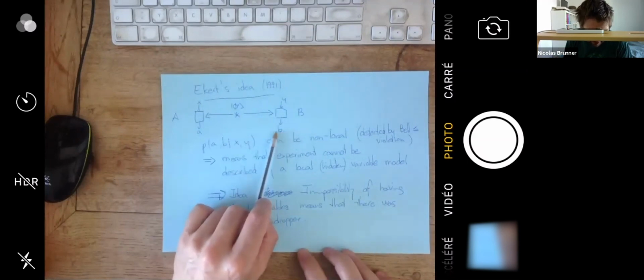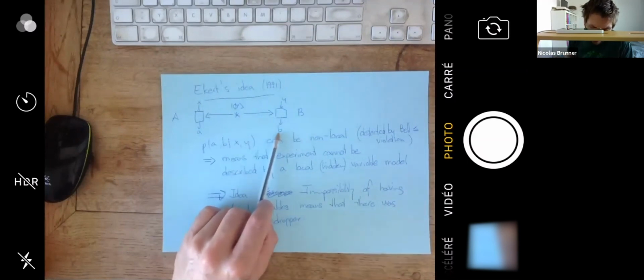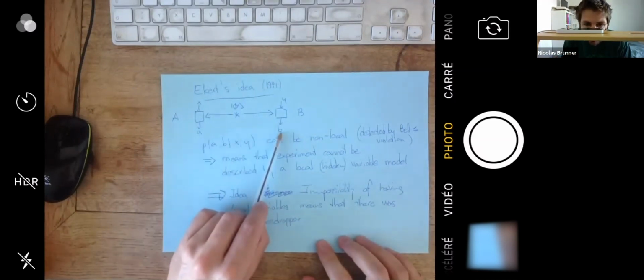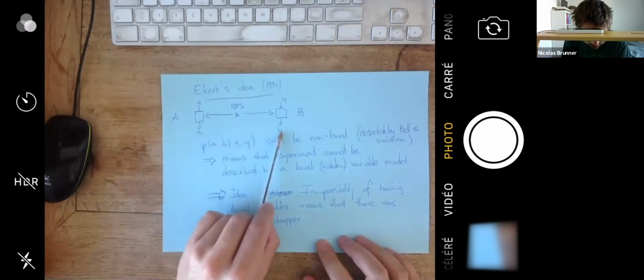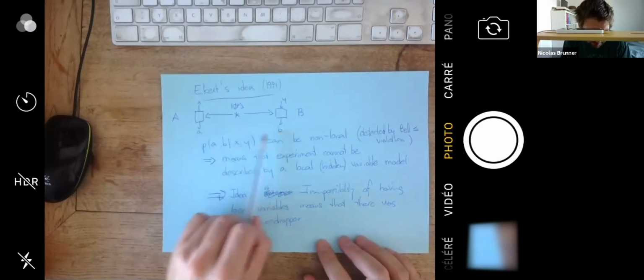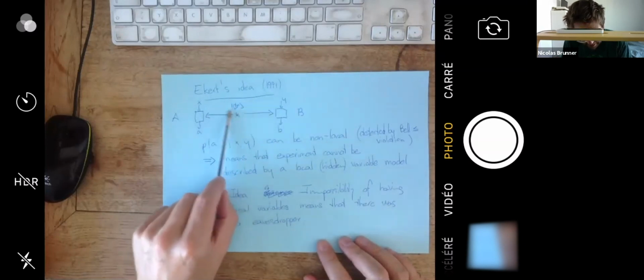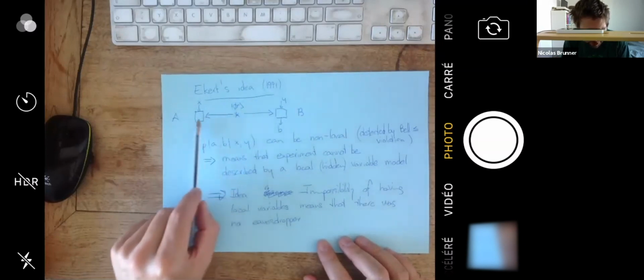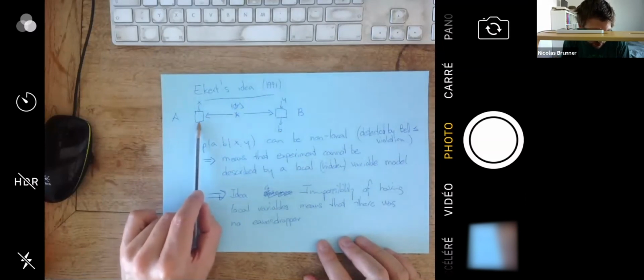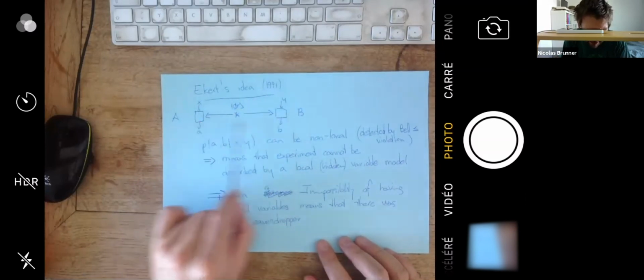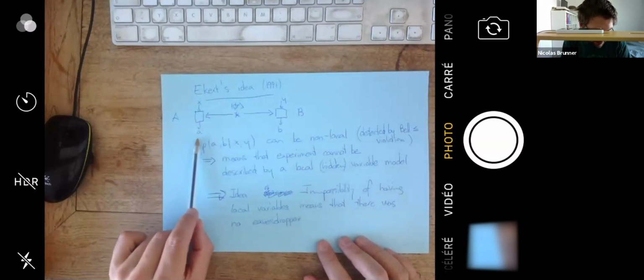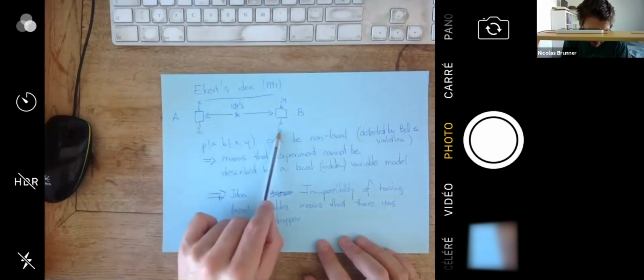Now that doesn't yet tell me that the measurement results are correlated, which I would need to establish a key. I would need that A is equal to B somehow. But if you consider again this entangled state, and you imagine that you do measurements in the same basis here and there, then you easily see that you get correlated results.